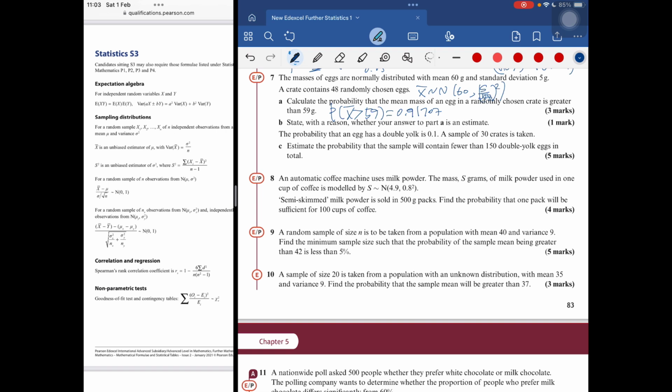In this question, I think estimation is asking about things like binomial estimation or Poisson estimation. But here we just follow the normal distribution, so it is not an estimate.